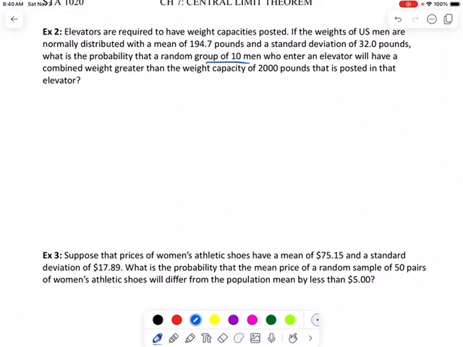Now note a couple of things here. First thing is that our n is 10. So if n is 10, according to the CLT, we cannot find the z-scores, right?